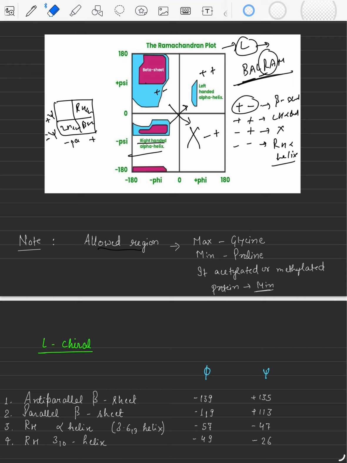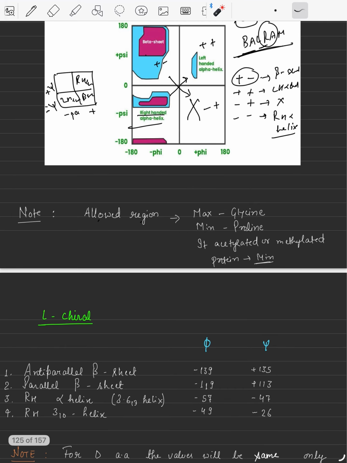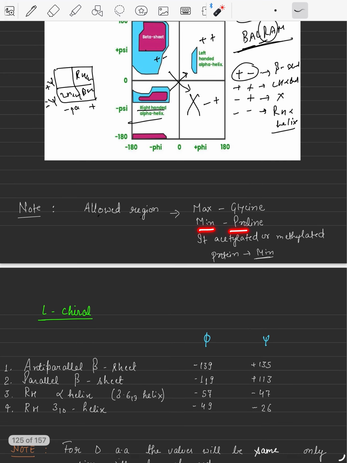So some points are important from the exam point of view. The maximum allowed region is for glycine. The reason is that in place of R in glycine there is H. Then the minimum allowed region is for proline.